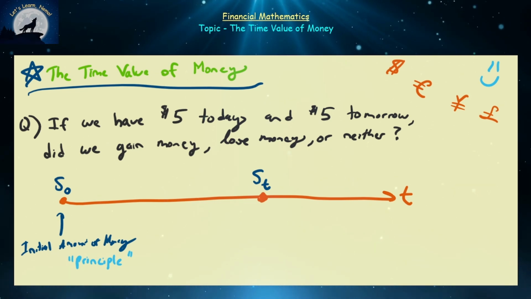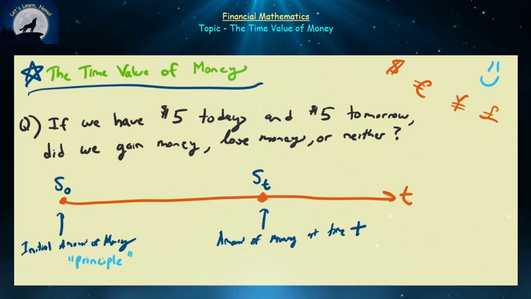And this particular value, S_T, this is the amount of money at time t, where t is typically greater than or equal to 0. Right? So if we have $5 today, that would be S0, and $5 tomorrow, that would be S_T, where T represents, for example, 1 day in the future.